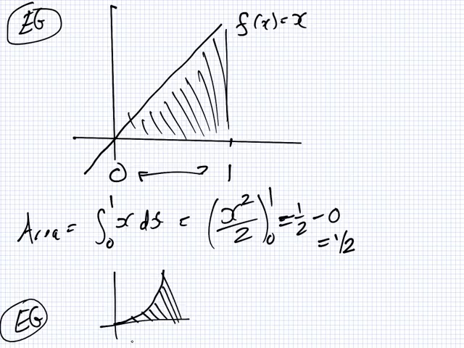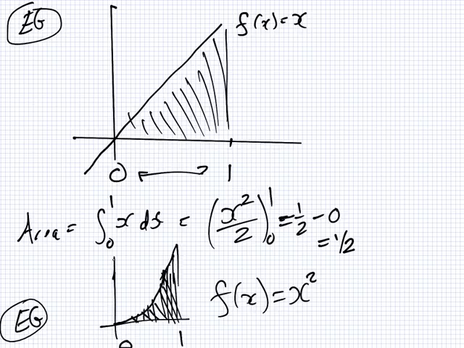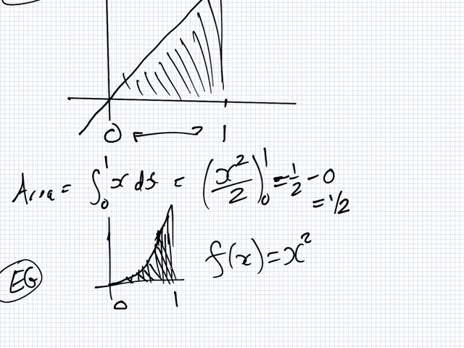It's a quadratic. Again, I'll make it 0 to 1, and the function is x squared. I want the area under x squared. So try this one. Previously we had no way of doing this because it's not a shape we know. But now we can use integration and we can calculate the area.